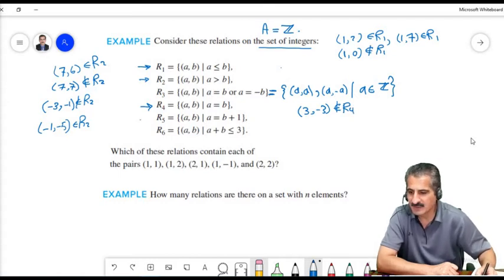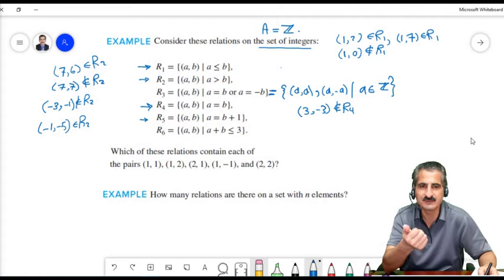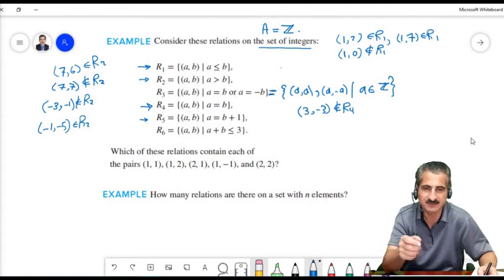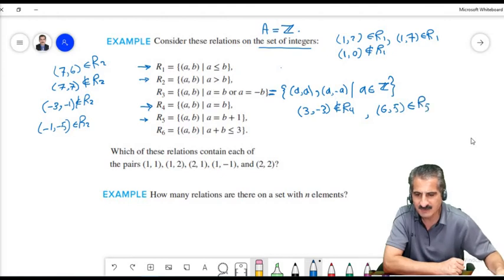Okay, R5 says that two integers are related if the first integer is 1 greater than the second integer, if a equals b plus 1. And for instance, we will say (6,5) belongs to R5. And also (-7,-6) belongs to R5 because -7 is -6 plus 1.